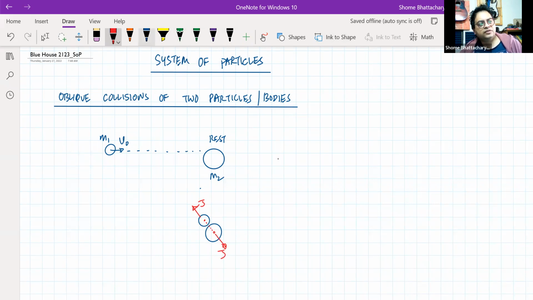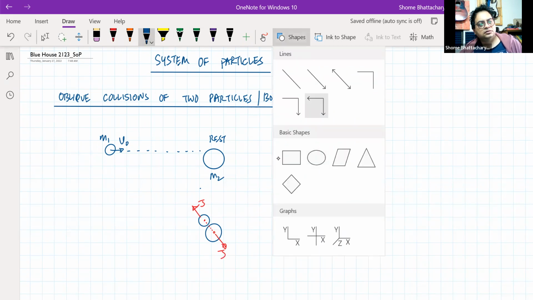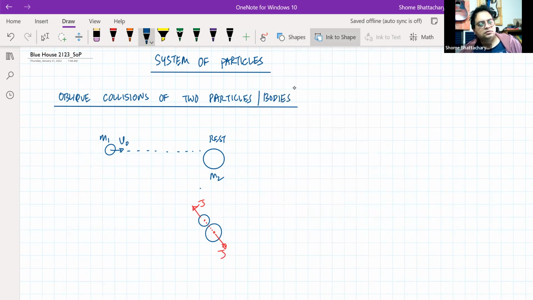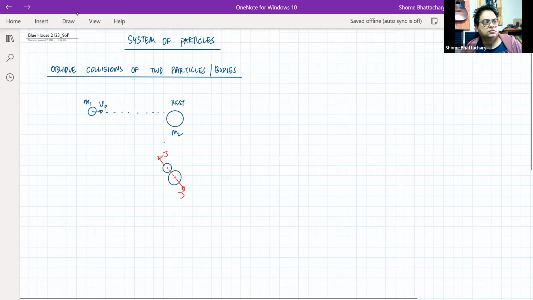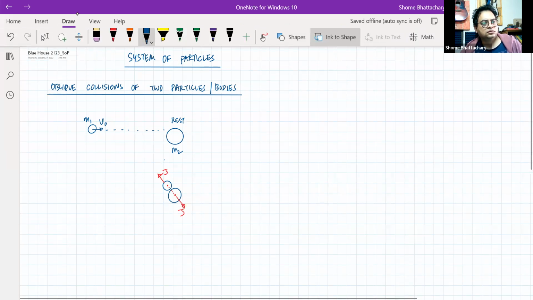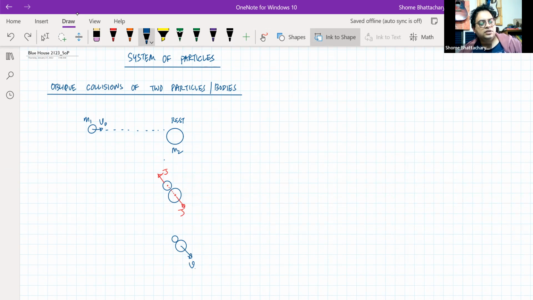As a result, after impact, this body will develop a velocity along the direction in which the impulse acted for it, whereas this body's direction of motion will change, become something like this.